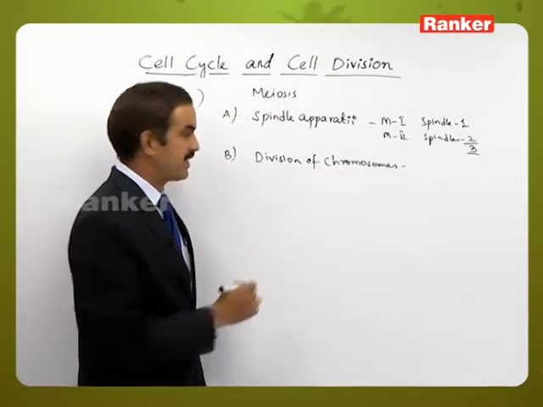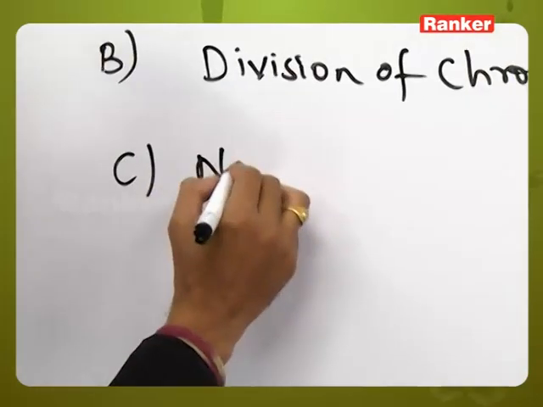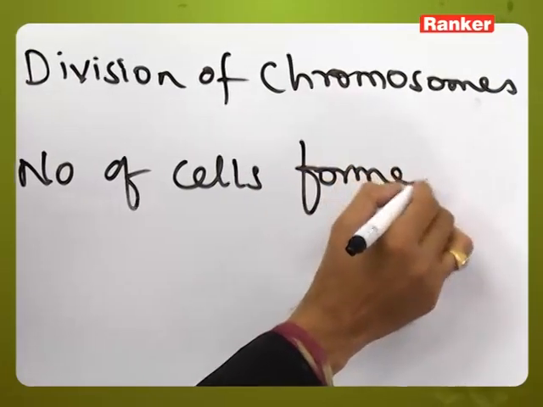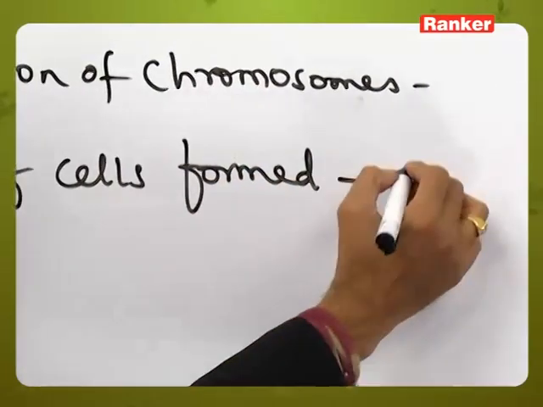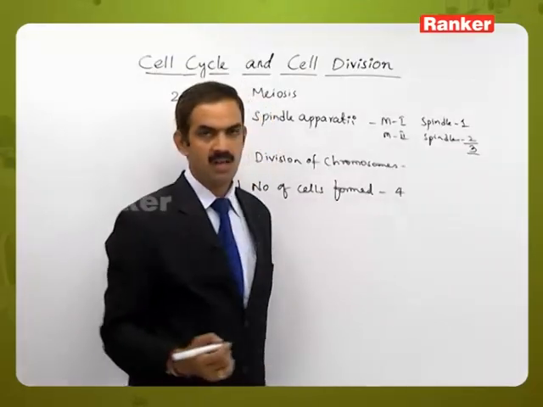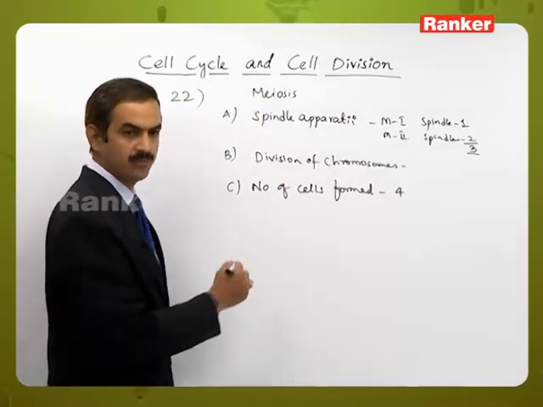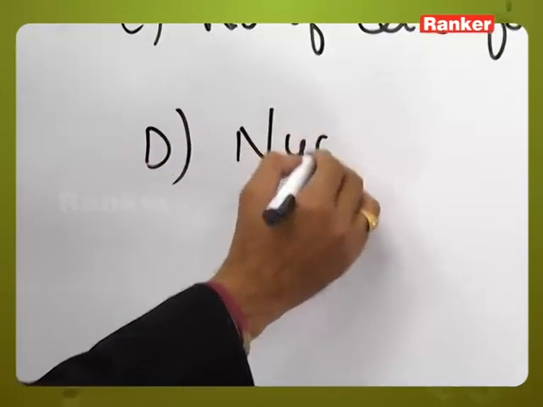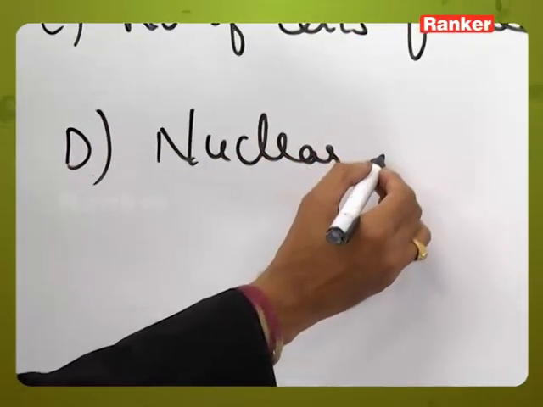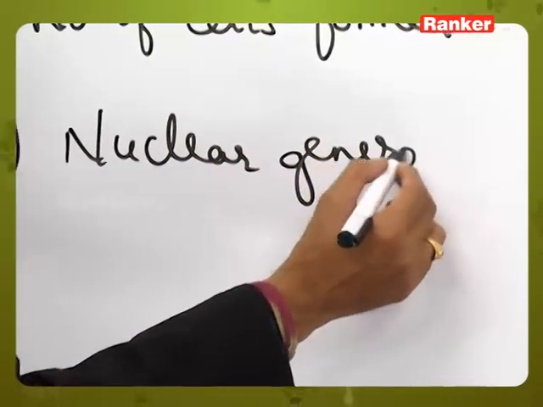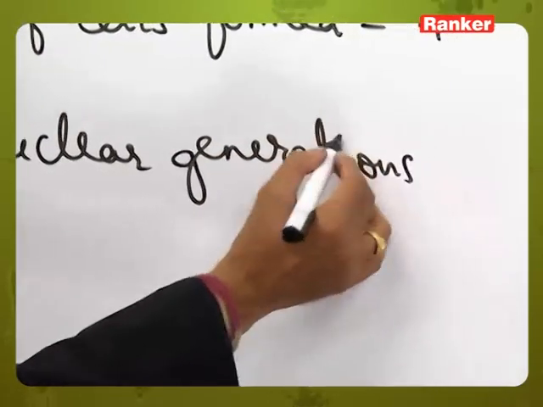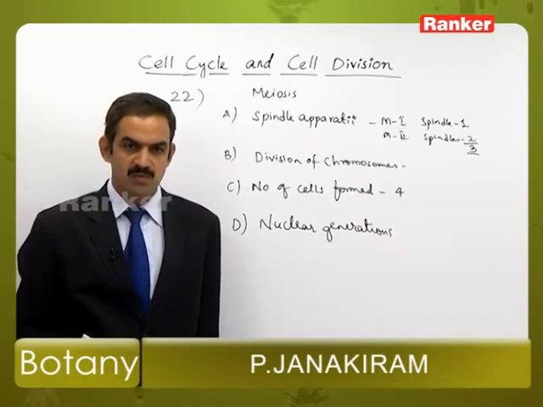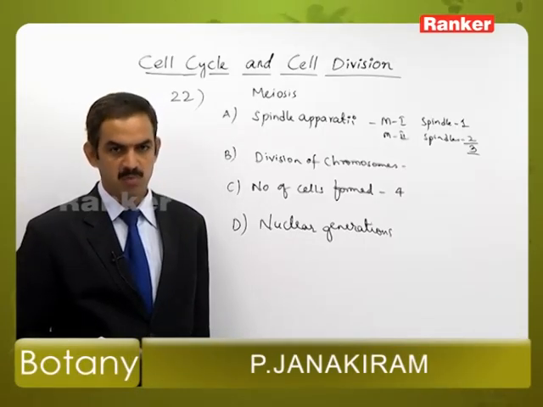Then the number of cells formed. As a result of one meiosis, the number of cells formed will be 4. And D, nuclear generations. Here there are 2 nuclear generations, one is the haploid generation and the other the diploid generation.